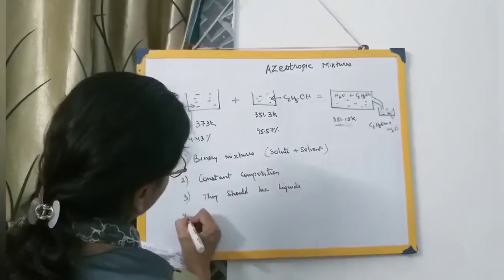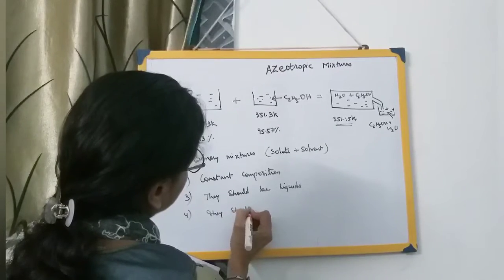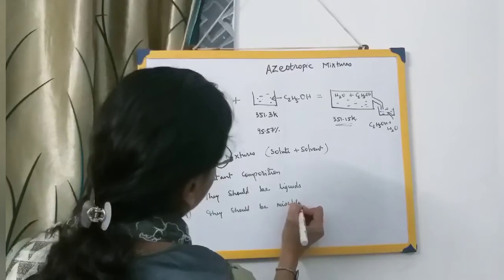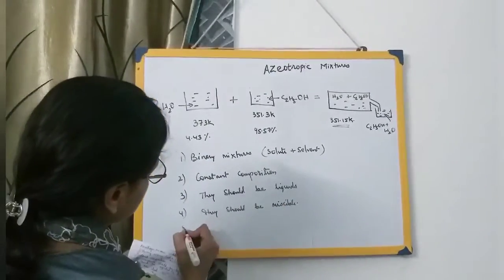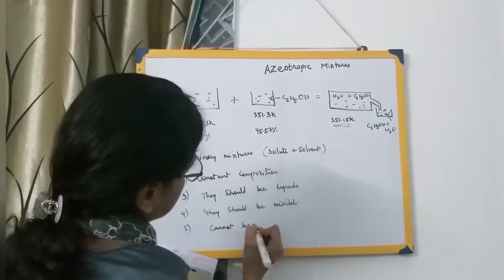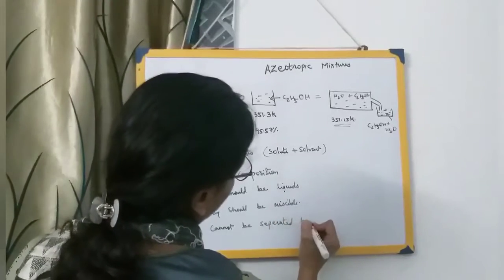These liquids should be miscible. Then these liquids cannot be separated by fractional distillation.